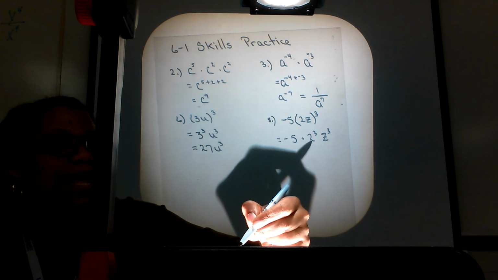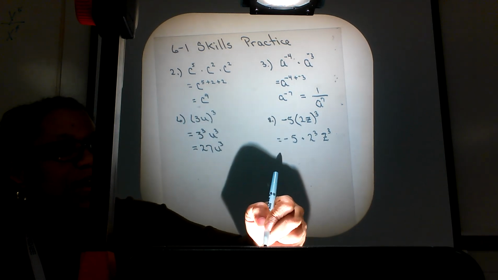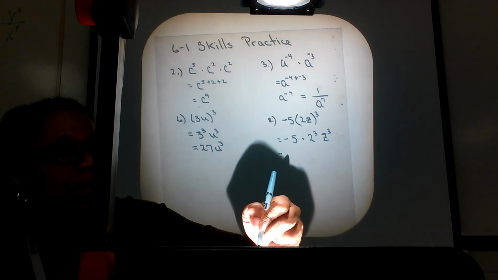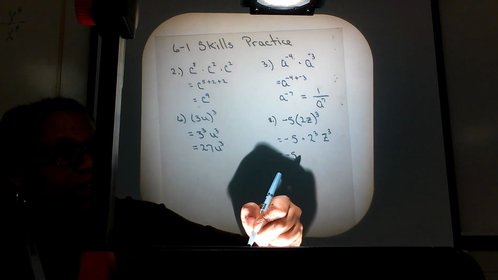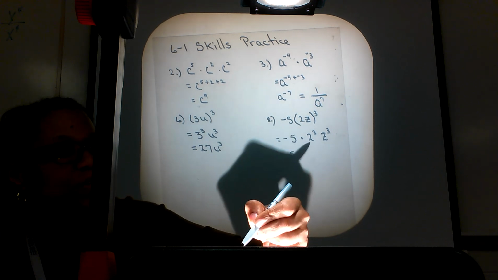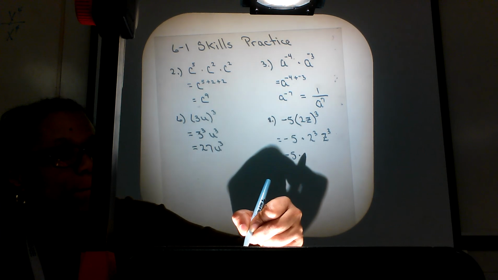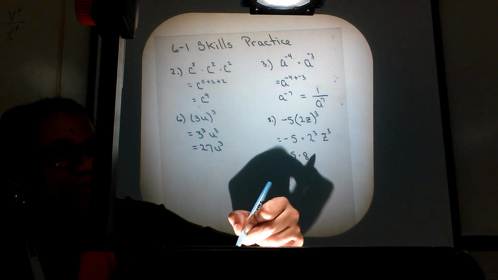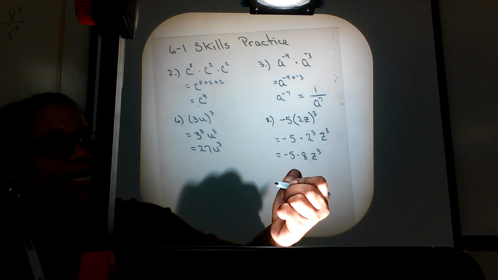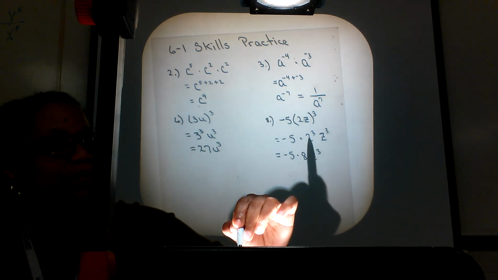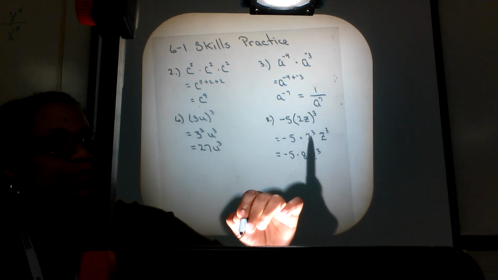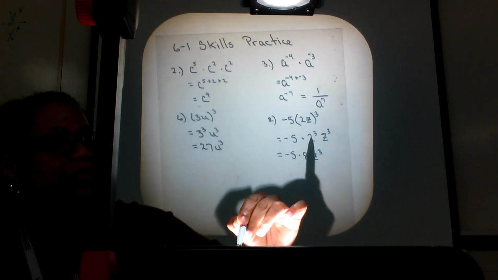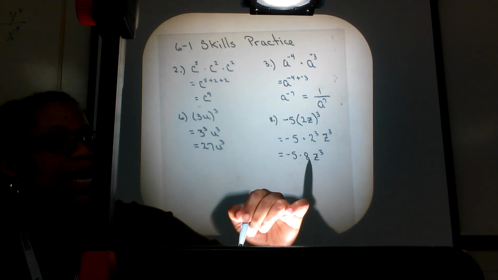I'm going to multiply my numbers first. I have negative 5 times, what's 2 to the third? 8, I think. 2 times 2 times 2 gives me 8. 2 times 2 is 4. 4 times 2 is 8.